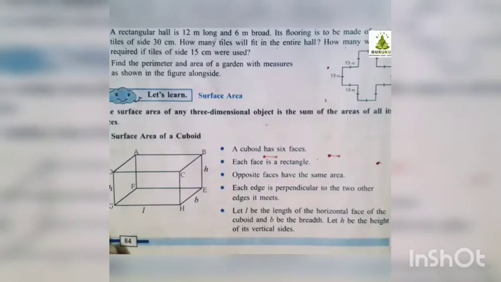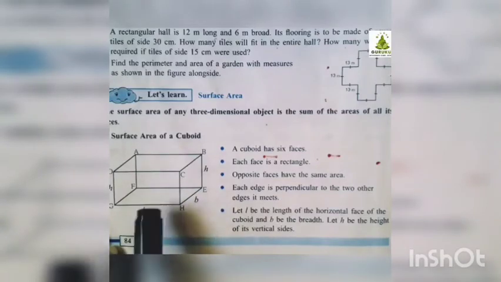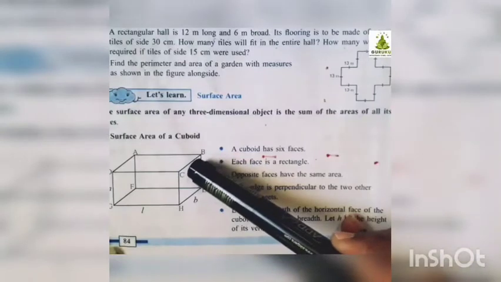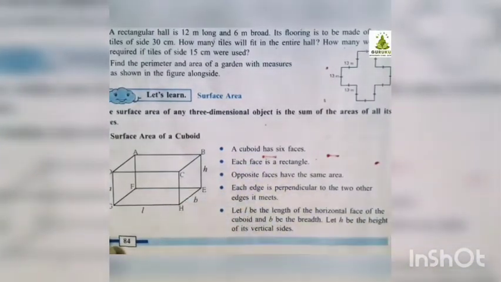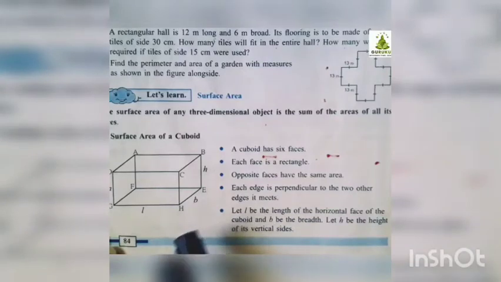Then each edge is perpendicular to the other two edges it meets. Each side of the cuboid, if you see the side CH, which I am showing with the pointer in the figure, is perpendicular to the other two sides where it meets.